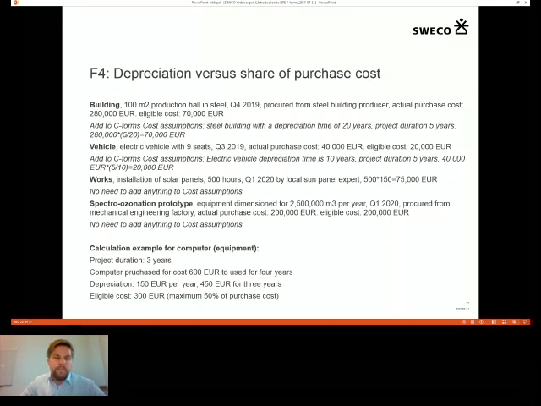Taking one example of a prototype, we jump back to my wastewater treatment project, and we have this hypothetic spectro-ozonation prototype. We will have to write that the equipment is dimensioned for 2.5 million square meters of water per year.